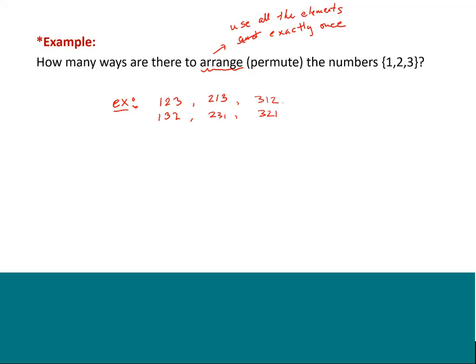Okay. So those are some options. Now the question, of course, is, are these the only ways to rearrange the numbers 1, 2, 3? What do you think? Is there any other way to rearrange the numbers 1, 2, 3, where you're using each of these numbers exactly once? Could we add in any extra little 3-digit numbers here to the end?